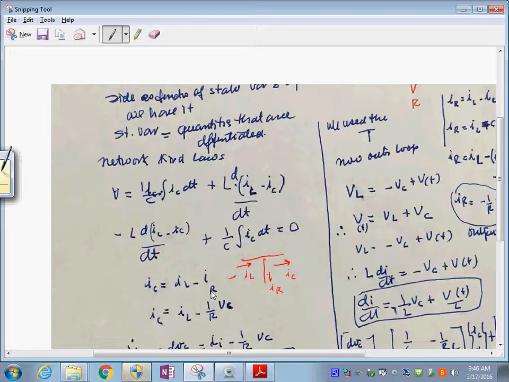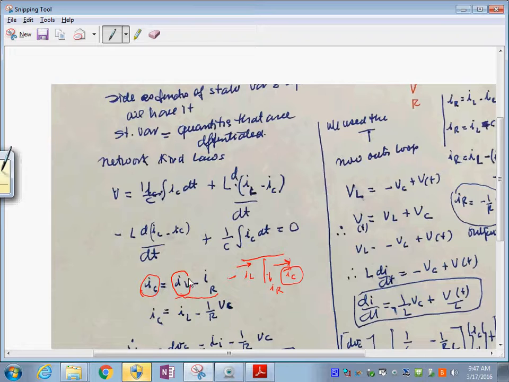So you have minus I sub R. So if you find I sub C, which is this one here, what has happened? If you substitute this, you get this equation. And this equation is in terms of just a first order derivative and the two state variables.